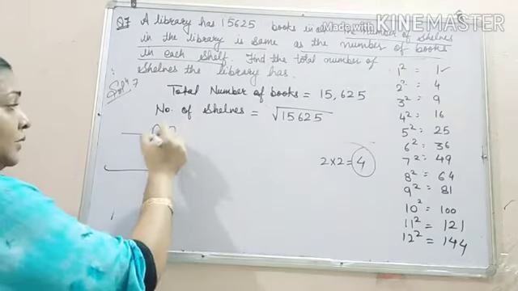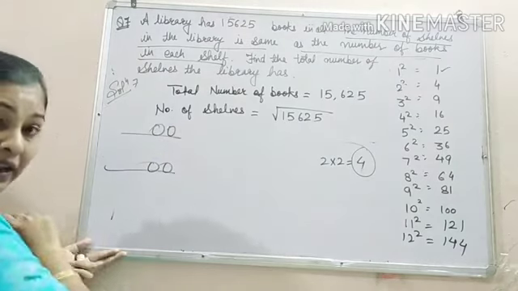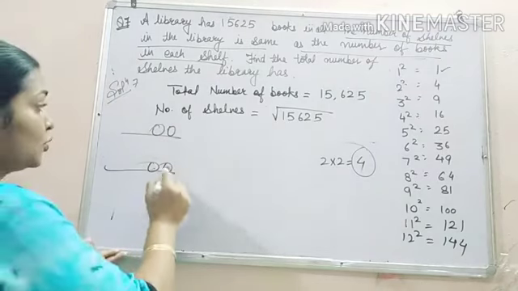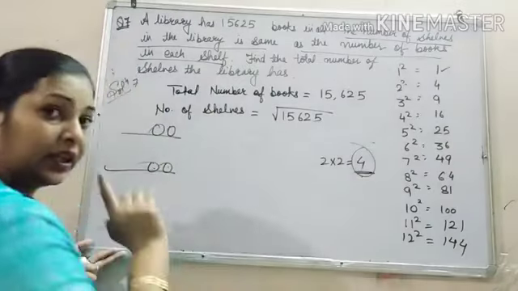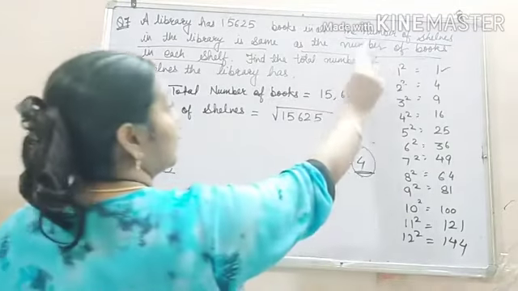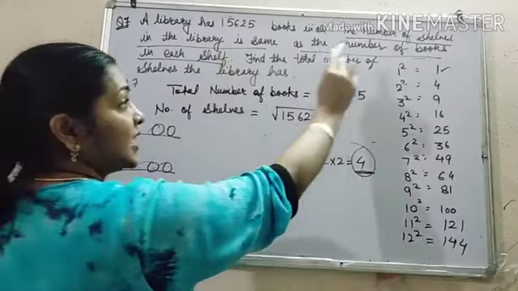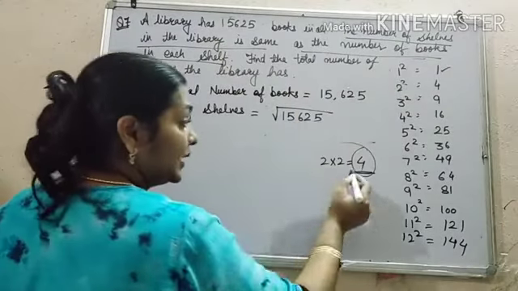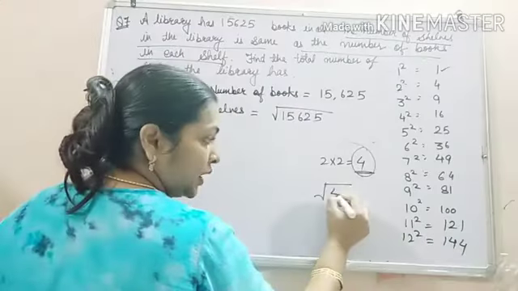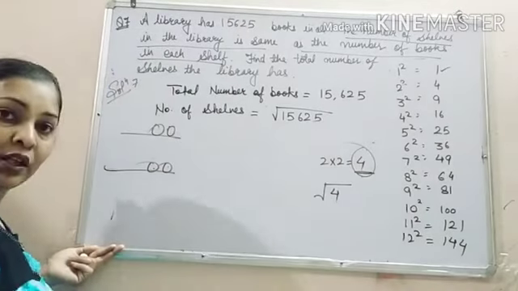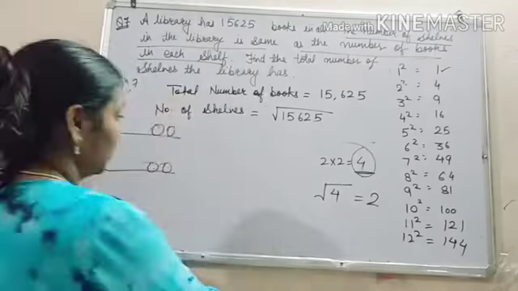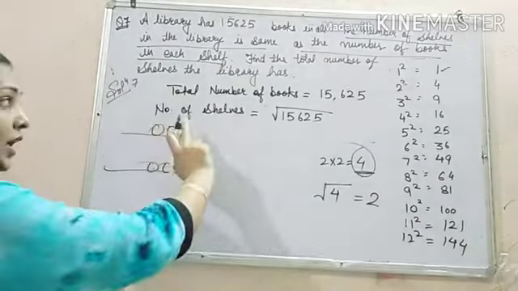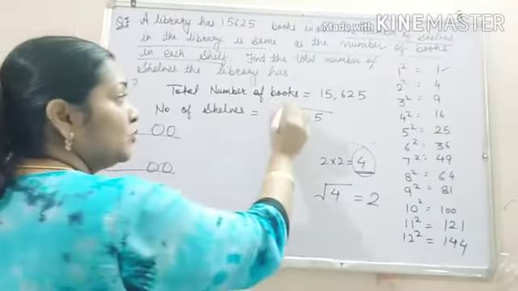I am saying that both the cells are having 2 books each. So 2 plus 2, 4 books. That means if there are 4 books in the library and the number of cells in the library is same as the number of books, then number of cells will be equal to under the root number of books. That means it will be equal to 2. Isn't it so?